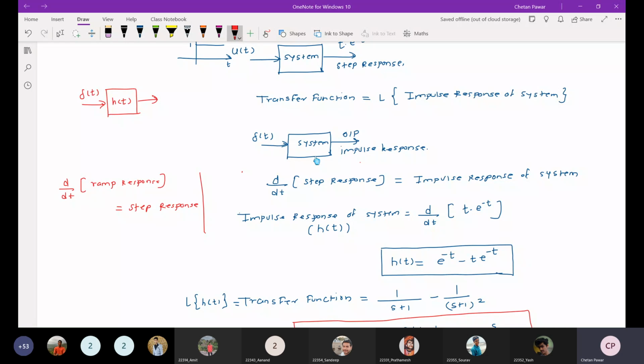Why? Because if y of t is the output, the output of this LTI system is given by the convolution of the impulse response of the system, h of t, and the input signal.